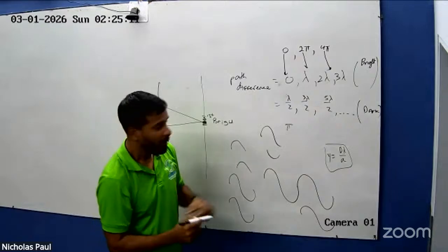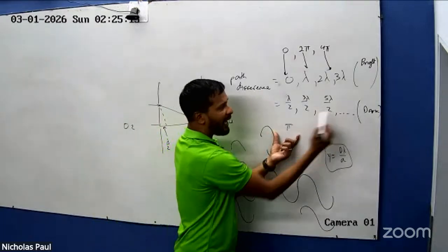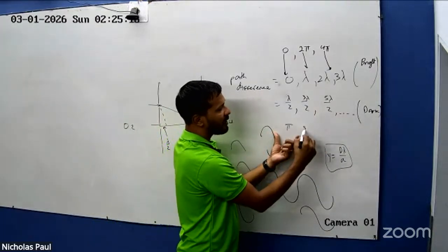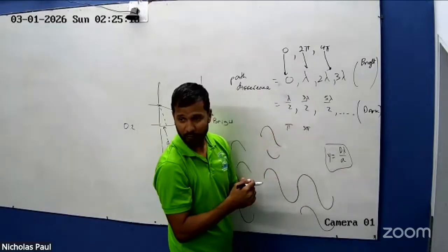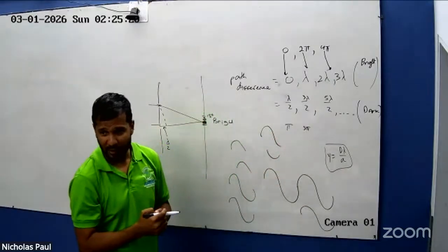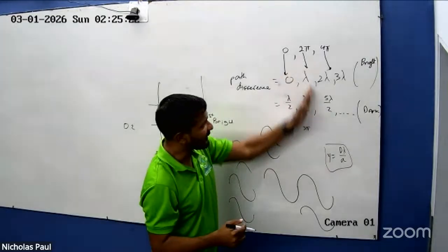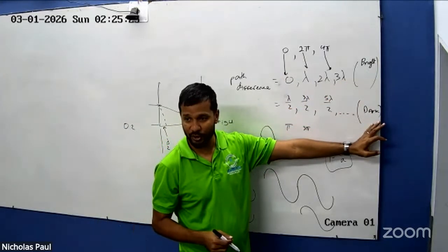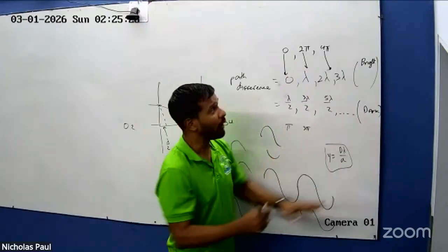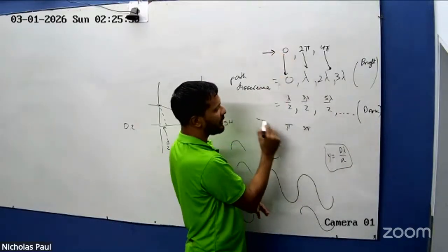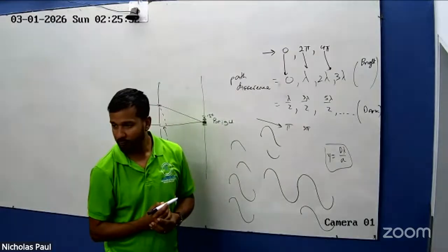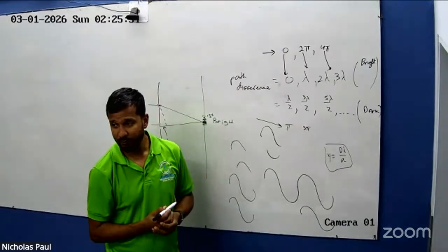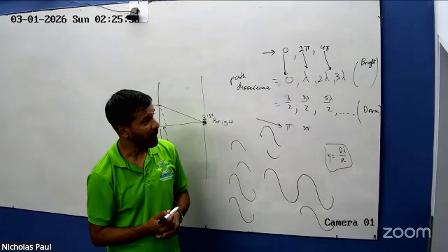So destructive or dark will occur at pi, then at 3 pi, and so on. Everybody okay with that? So these things line up and tell us when we get a bright and a dark fringe. All these show in phase, all these show out of phase.